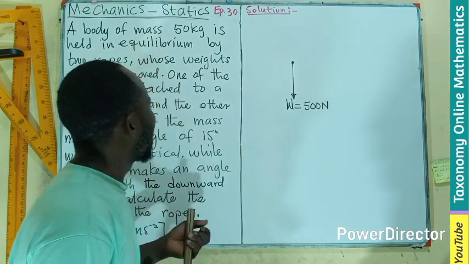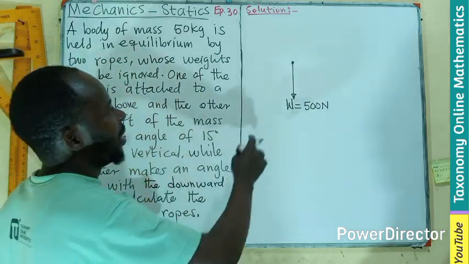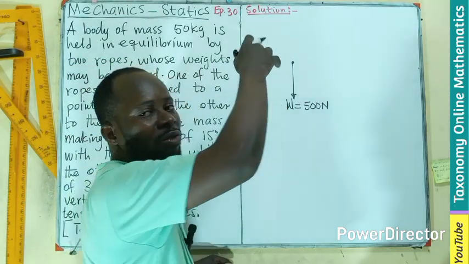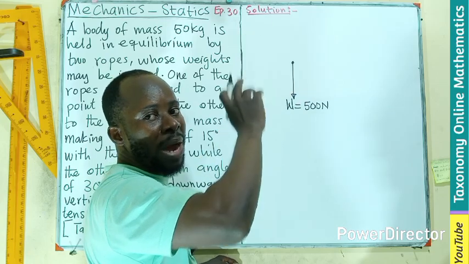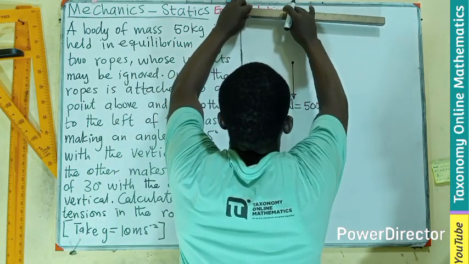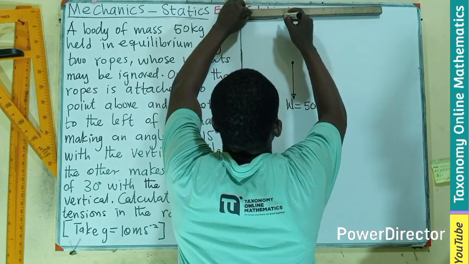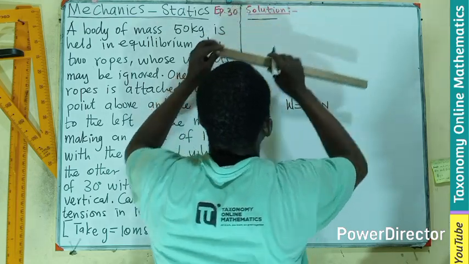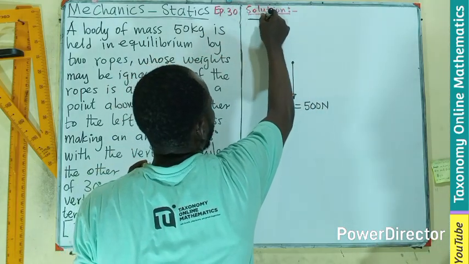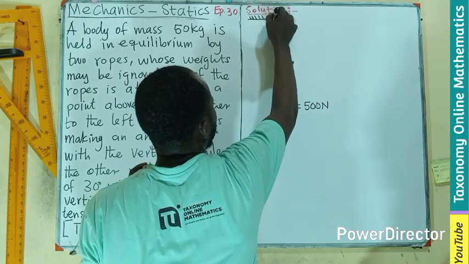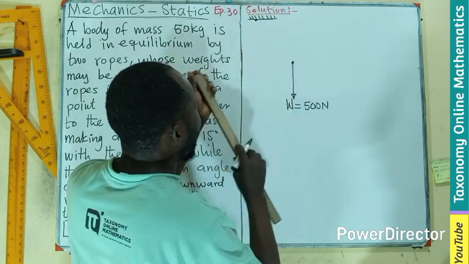Then, if the rope is above here, it means the rope is attached to some surface. The rope cannot be in space. So let's indicate a surface to which that rope can be attached. If this is the surface, we can attach the rope here.